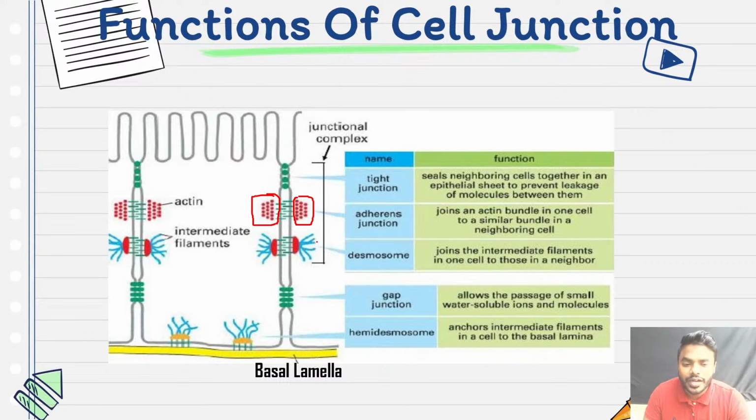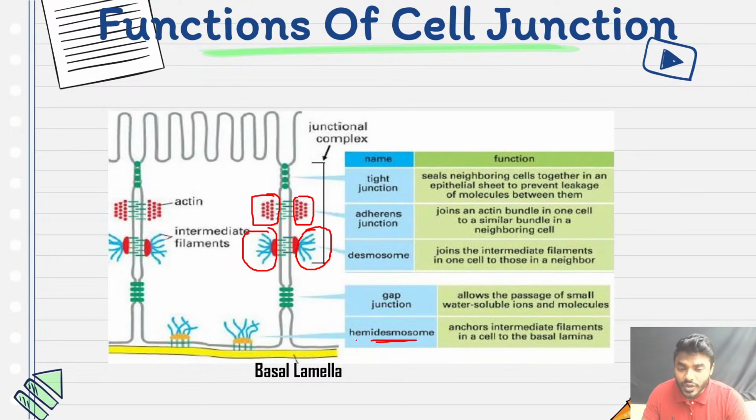Friends, if you look into the desmosomes, what you have to remember, listen to me: desmosomes join the intermediate filaments in one cell to those in the neighbor. That is exactly what we call desmosomes. Remember my point: desmosomes connect the intermediate filaments in one cell to the intermediate filaments of another cell.